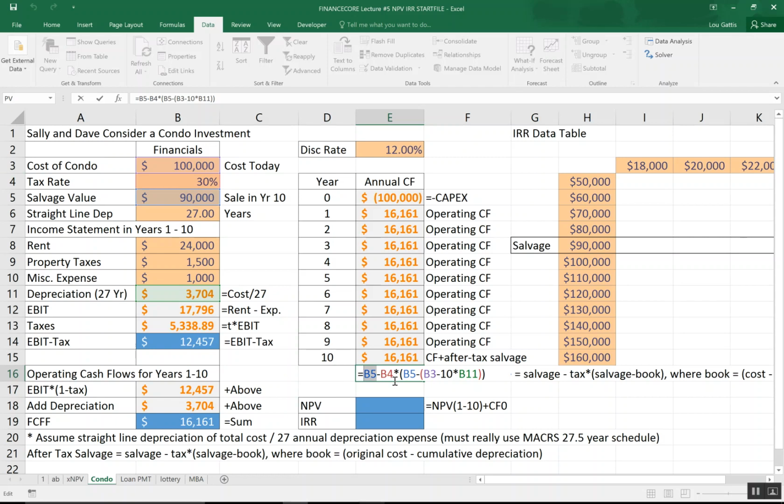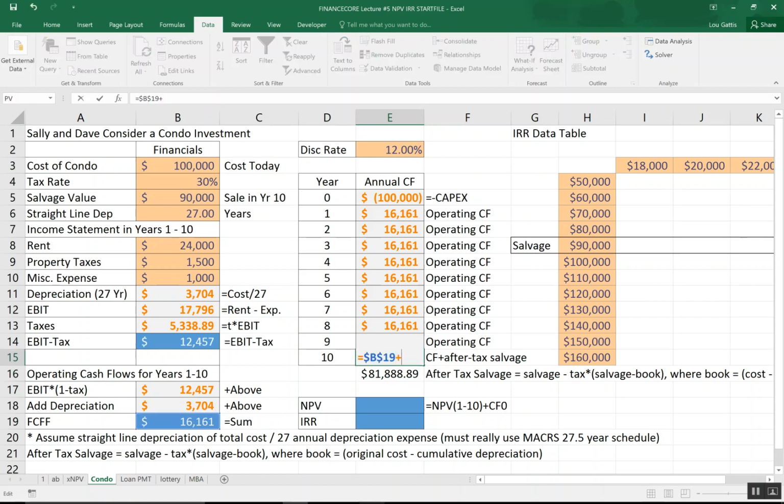Yep, $90,000 minus the tax rate, 30%, times the difference between $90,000 and the net book value of the condo, which is $100,000 initial cost minus 10 years of depreciation, 10 times 3,704. So the after-tax cash flow for the sale or salvage of the condo is $81,000.